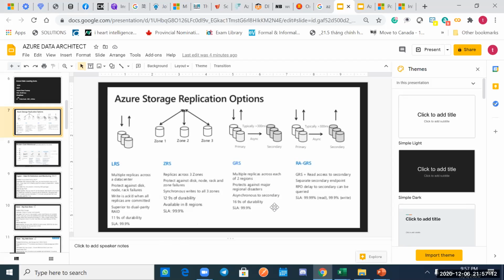Okay, so GRS. It replicates across 2 regions, and it protects against a major regional disaster. So remember, with GRS, the replication to the secondary is asynchronous. You have the primary, which is always available, and the secondary is asynchronous. That means it doesn't get the latest data, so it's not strong consistency.